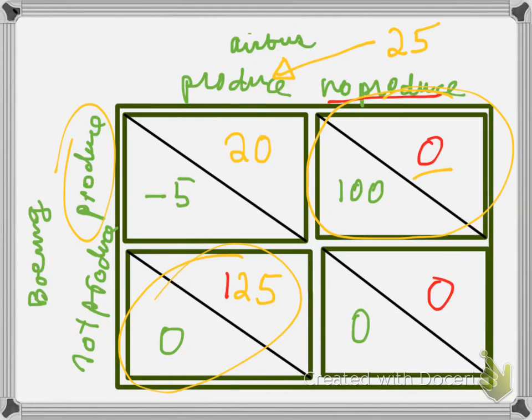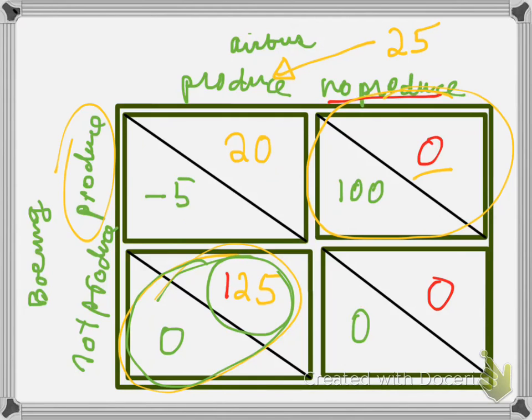So this subsidy to Airbus means that Airbus will produce, and when it does produce, Boeing's best response is to not produce. So now the only Nash equilibrium in the game is this one here, where Airbus produces and Boeing does not produce.